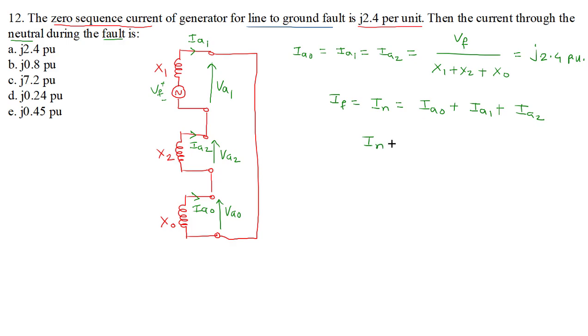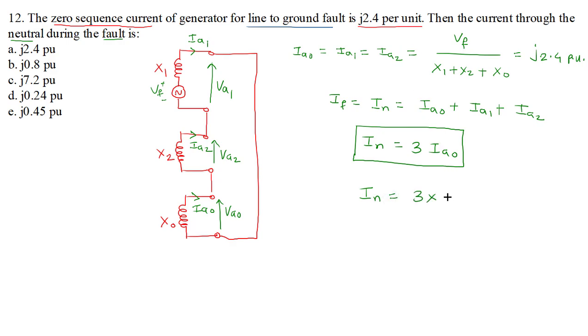Now here as we can see all the three currents are equal. So neutral current or the fault current will be equal to 3 times IA0. So we should remember this relation. The fault current or the neutral current is 3 times the zero sequence current, or positive or negative, anyhow they are same. So our answer will be IN equal to 3 into IA0.